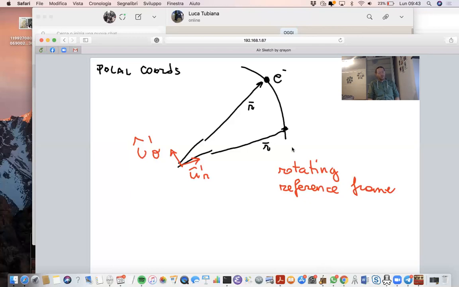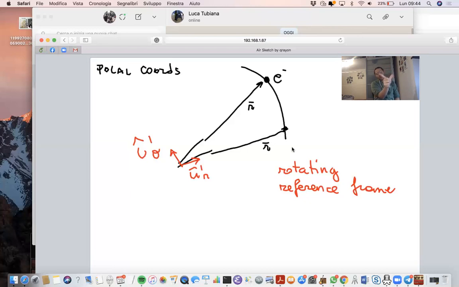But we should not go into that detail, because this is clearly not an inertial frame, because you are actually rotating the frame as you move in time. And anytime you have a rotation, the velocity vector changes in time, right? Because before it was here and then it was there.